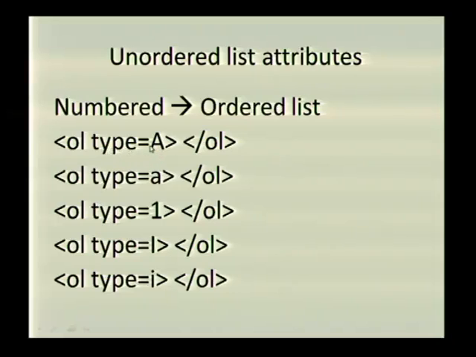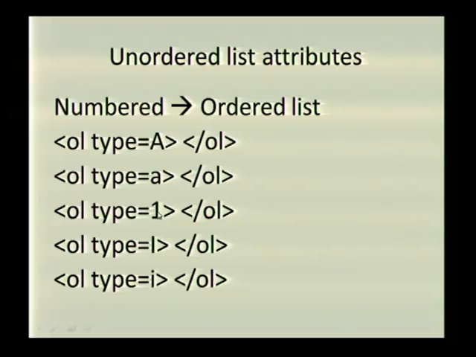So type equals, if it's a capital A, it means that your numbers will be a capital A, B, C, D. If it's a small a, it will be small letters a, b, c, d. If it's a 1, it will be numbered. This is a capital I, by the way. I know it looks like a 1, but it's a capital I. And this will insert Roman numerals instead of the traditional 1, 2, 3 or ABC.